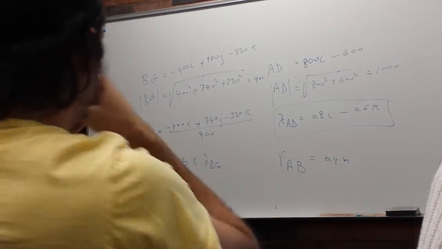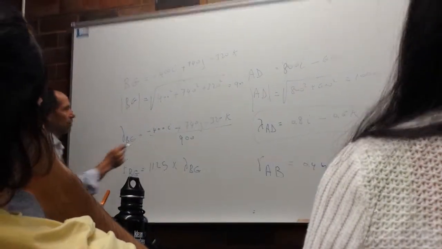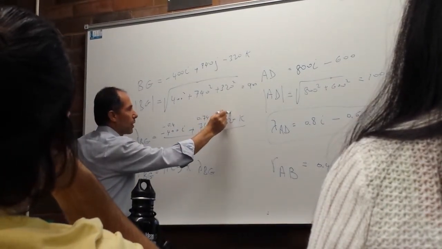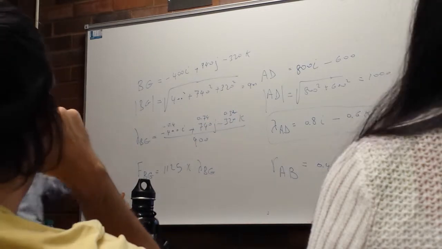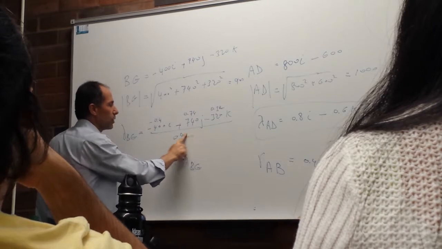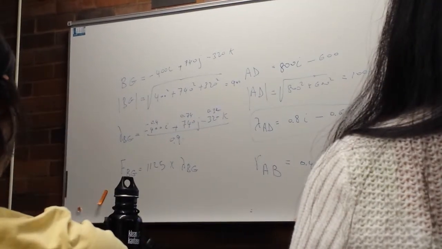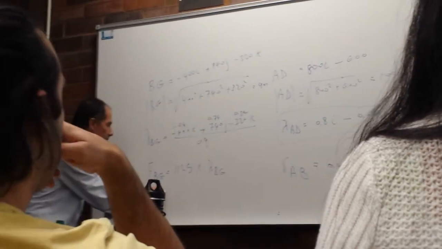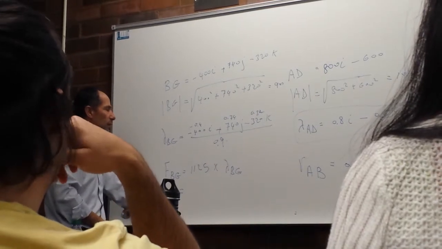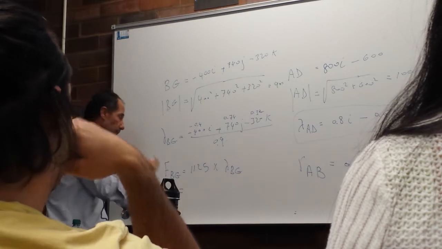So now do 1125 times 0.4. Let's go with this as 0.4, 0.74, 0.32 to deal with meters, over 0.9 to deal with meters. And give me numbers, please. 0.4 over 0.9 times 1125 is how much? 500.